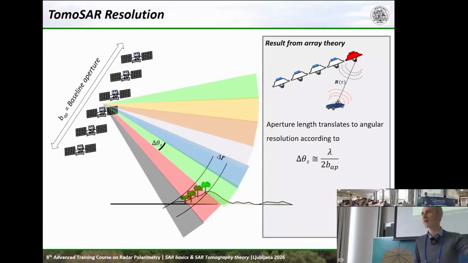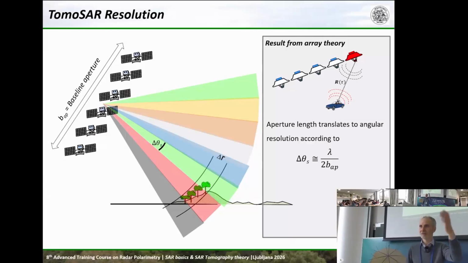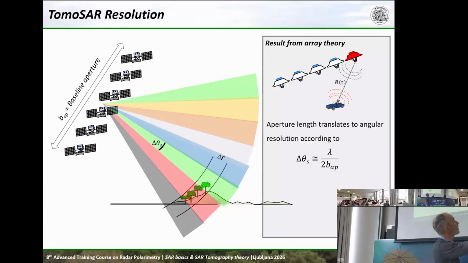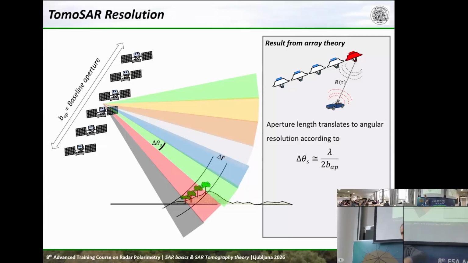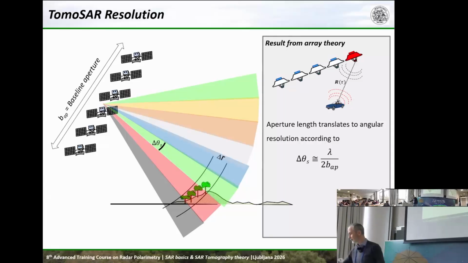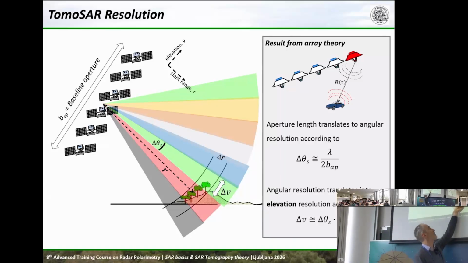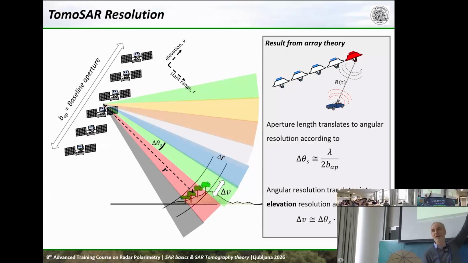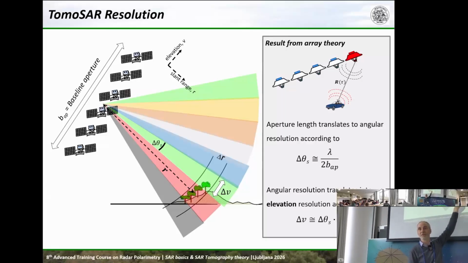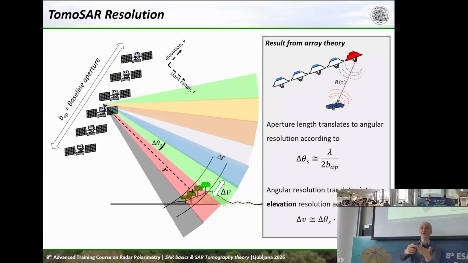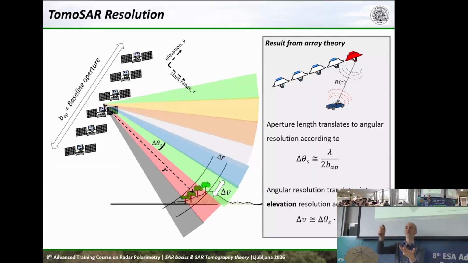What is the baseline aperture? You ask Klaus. Klaus tells you the baseline aperture. And based on this knowledge, you can calculate your angular resolution in this direction, which means that you can calculate your resolution in the direction of elevation. So with this knowledge, bandwidth, synthetic aperture, wavelength, and baseline aperture, you know what is the resolution of your system in 3D.